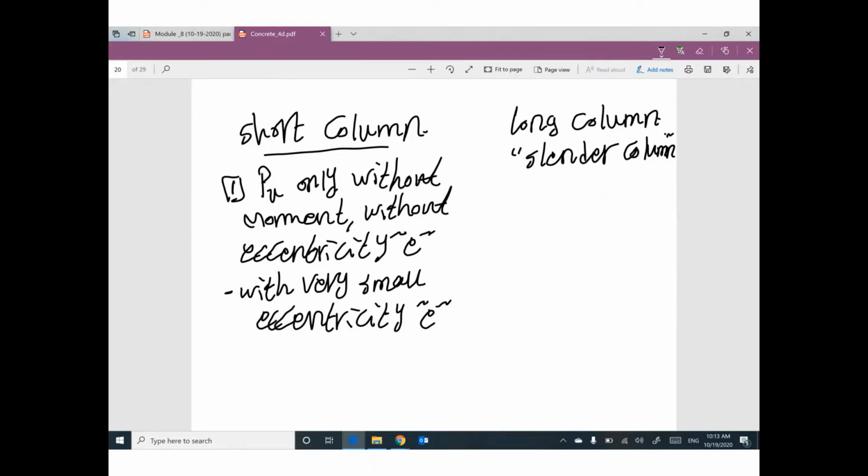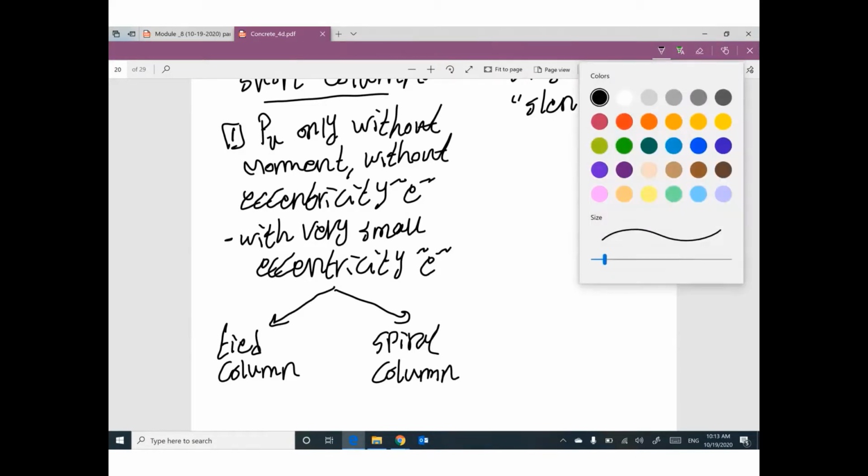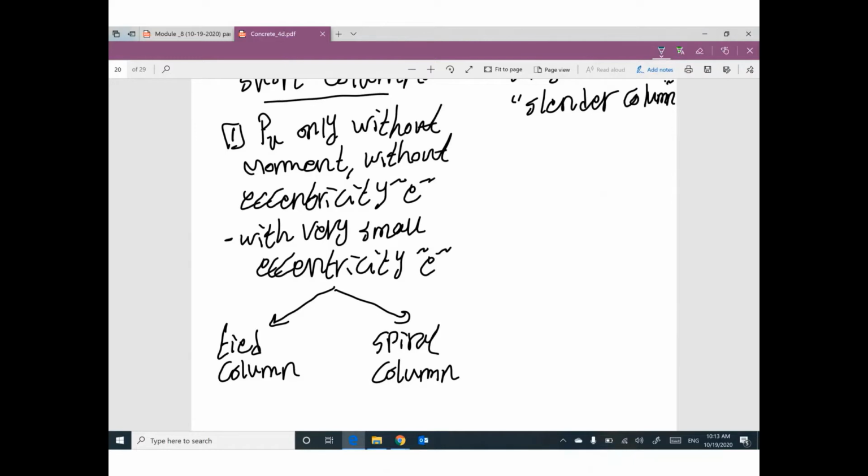In this case, we need to figure out whether your column is a tied column or a spiral column. But please make sure the moment is neglected or we don't have moment. How can I know the eccentricity is small or big?